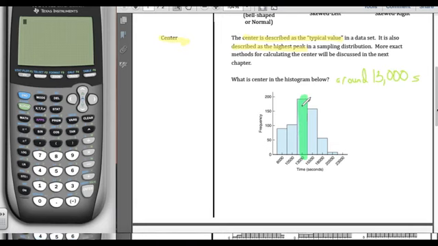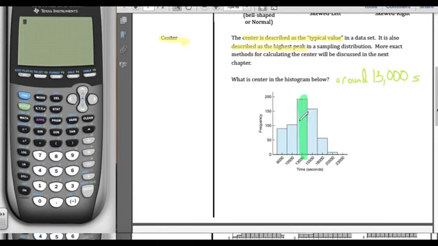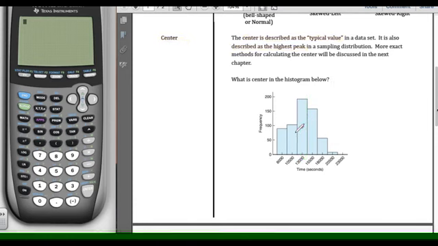Most of my observations, more than any other display bar here, were in this bar, this bin. So that's where my center is going to be. And it may not be exactly 13,000, so I said around. Again, we'll find a way to calculate this in a more precise way in the next chapter, Chapter 3.